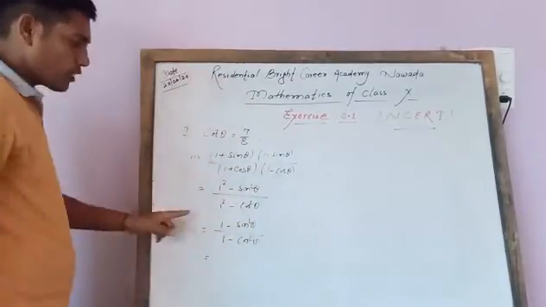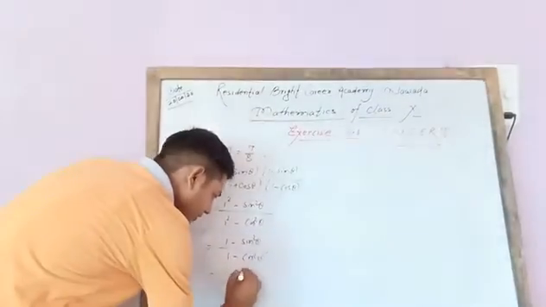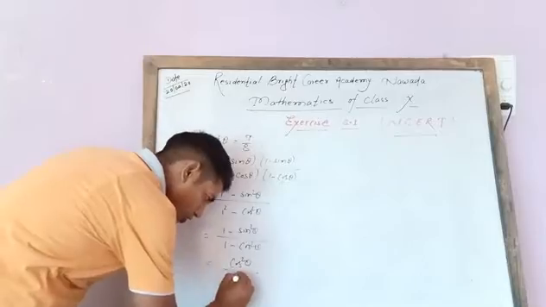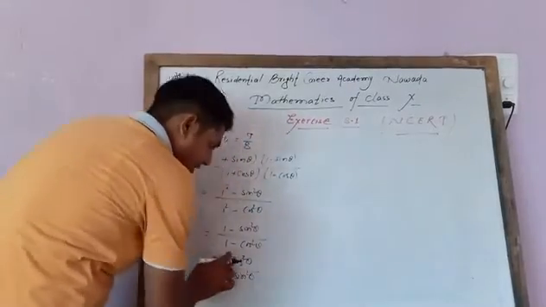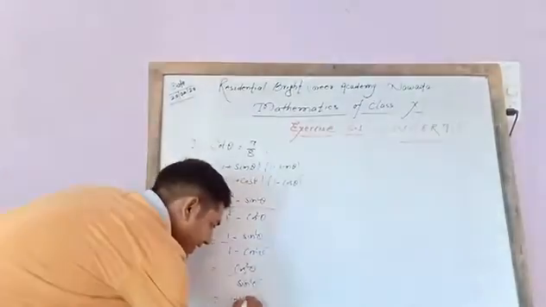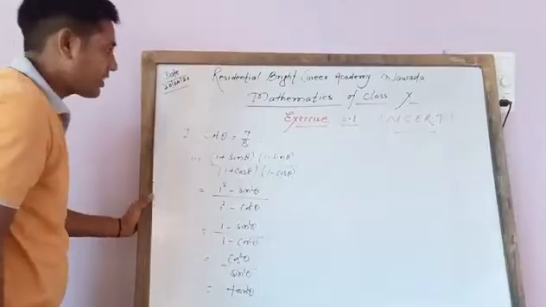Here we can write 1 minus sin square theta is equal to cos square theta. And here 1 minus cos square theta is equal to sin square theta. And cos theta upon sin theta is also known as cot theta, and here with the square, it is written as cot square theta.